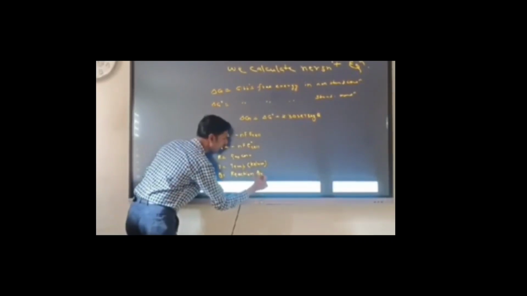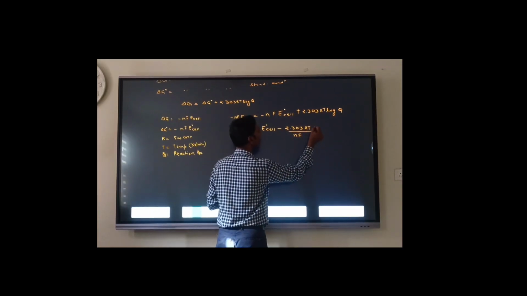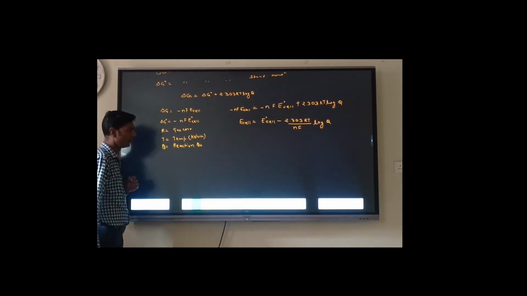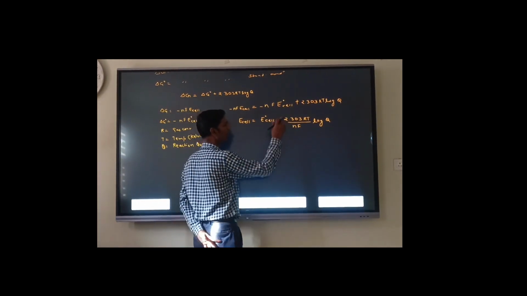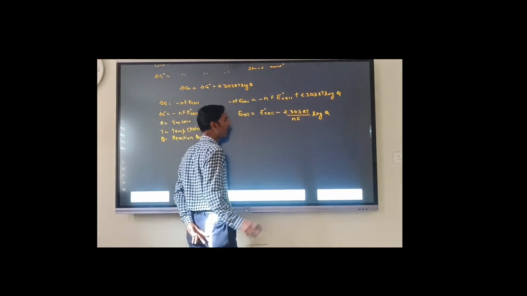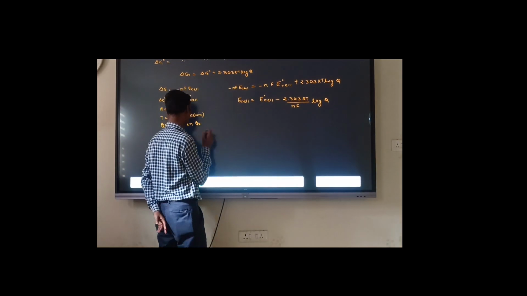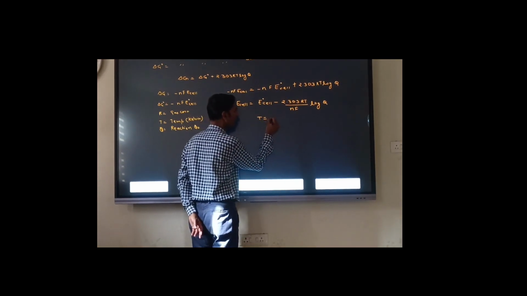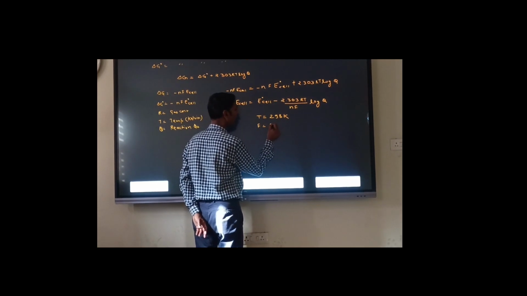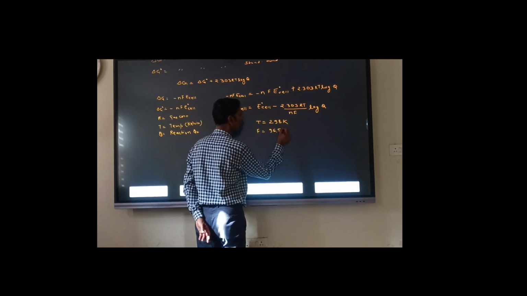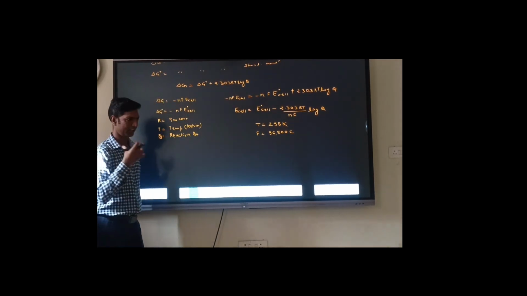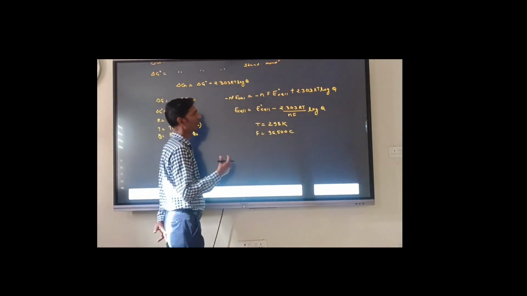Now, R is the molar gas constant, so it has a specific value. T is 298 Kelvin. F is the Faraday charge, which is equal to 96,500 coulomb. n is variable, the number of electrons exchanged during the cell reaction.